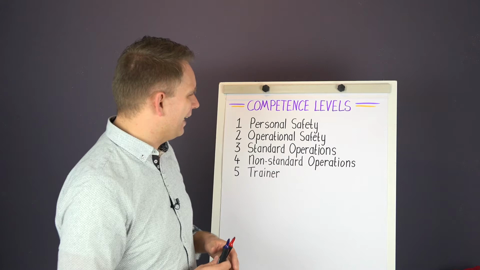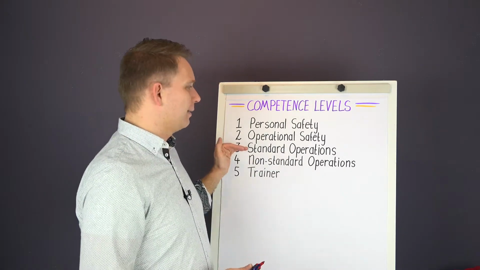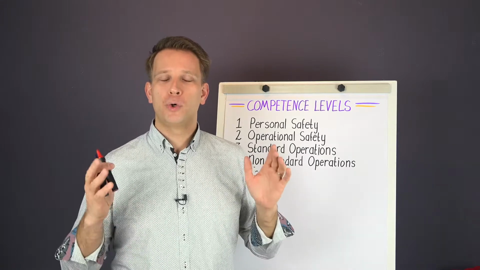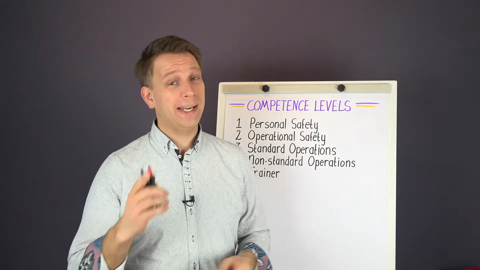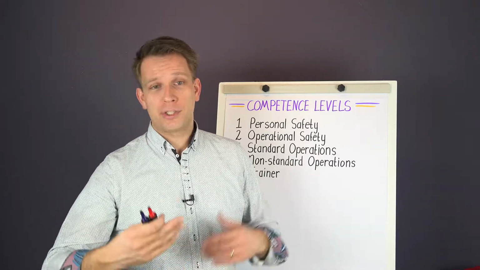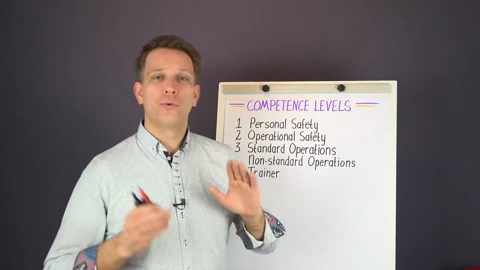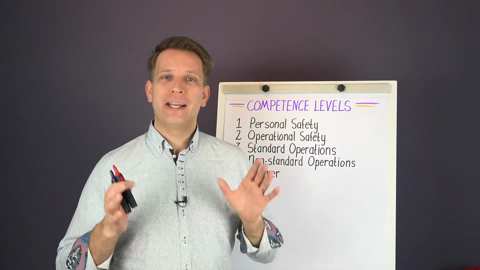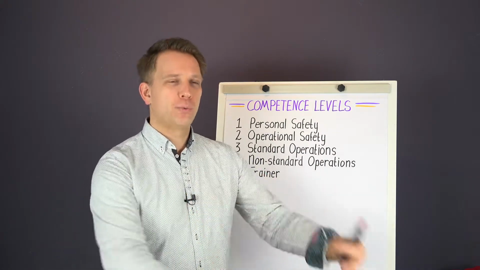Now, the standard operations level, the third level, is basically an operator who can run that line for a whole shift. That includes changeovers of product, startup, cleaning, stuff like that. They can run this line and they can fulfill this workplace by themselves.